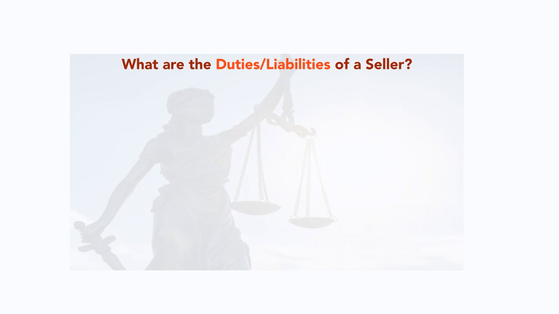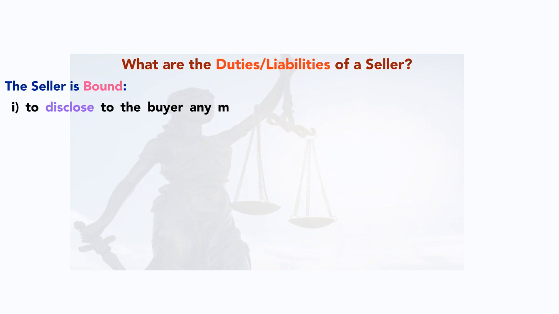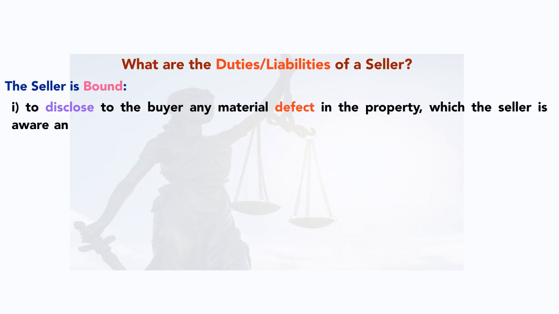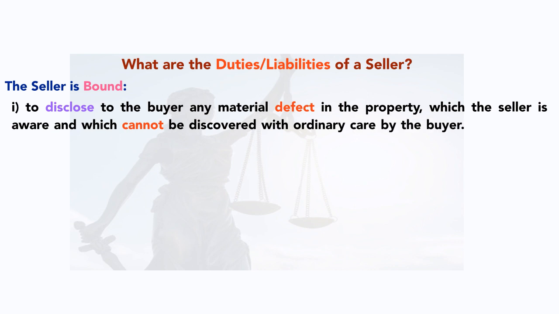Now the next point is, what are the duties or liabilities of a seller? The seller is bound to disclose to the buyer any material defect in the property of which the seller is aware and which cannot be discovered with ordinary care by the buyer, otherwise it becomes fraudulent.